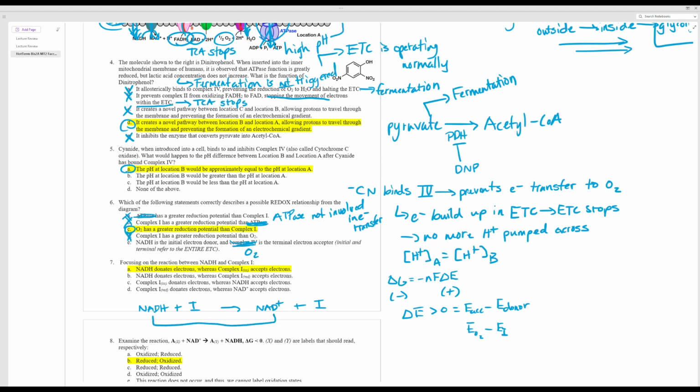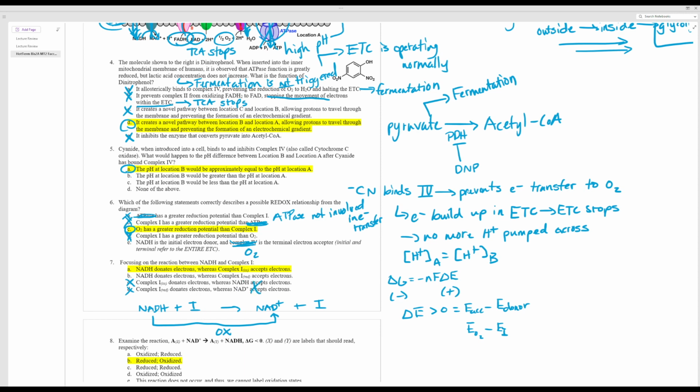Using our rules, NADH is going to NAD plus, which is an oxidation reaction. NADH is donating its electrons to something else. We can cross out C and D, because they say NADH is accepting the electrons. It's not accepting, it's donating.